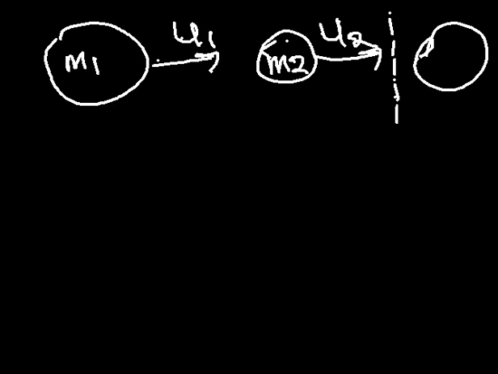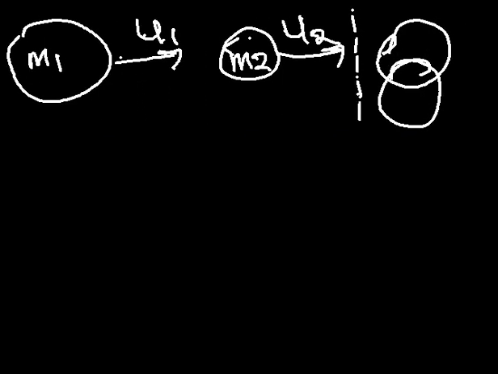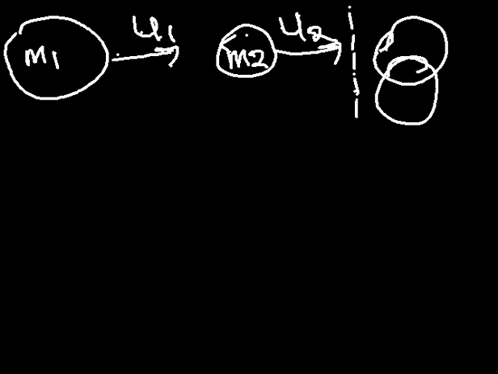Let's say this is object 1, and this is object 2, and after they collide, they are now moving together with a final velocity given as vf.